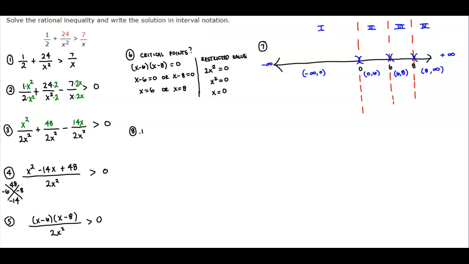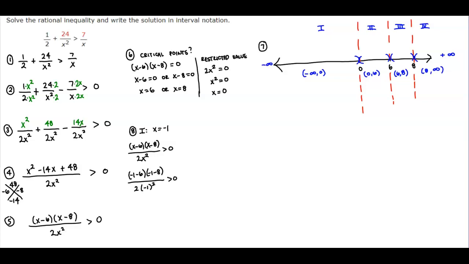So now we're going to test our regions, taking a testing point from each one. For region number 1, we can pick x to be -1. We use the factored inequality, x minus 6 times x minus 8 over 2x squared, and we want to see if that's greater than 0. If we plug in -1, we get -1 minus 6, times -1 minus 8, over 2 times -1 squared.